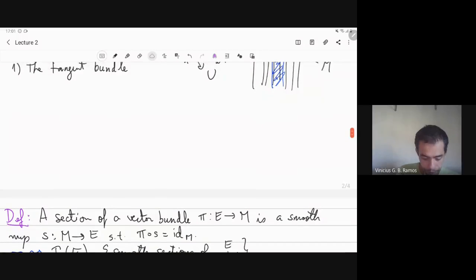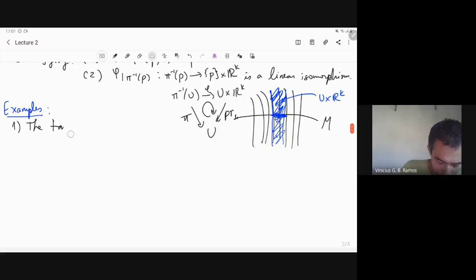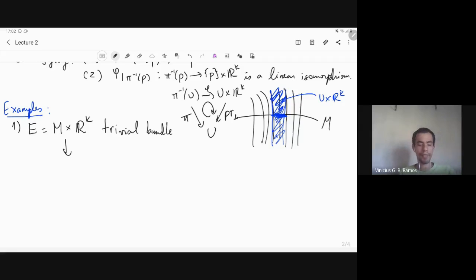So actually, the first example that I should do before anything is if you just consider E to be M times R^k. So this is called the trivial bundle. The bundle is really the pair of E, M, and the map, but very often the map is implicit.